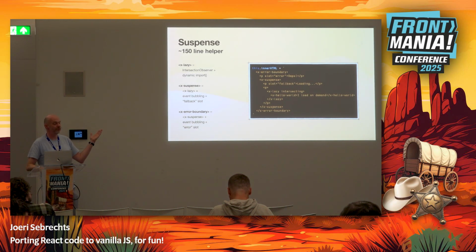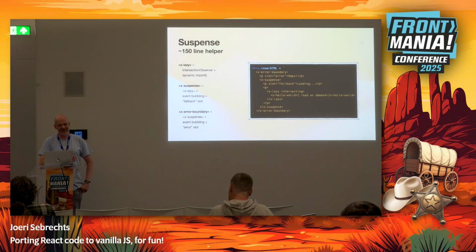There's a lot more code involved there, but on the other hand, it's only 150 lines. So it's not dramatic. We always have this idea that this must be thousands and thousands of lines. Yeah, in the frameworks, it's thousands of lines because it has to fit in the structure of the framework. But if you don't have to make it fit into the structure of the framework, it's not actually that much code.